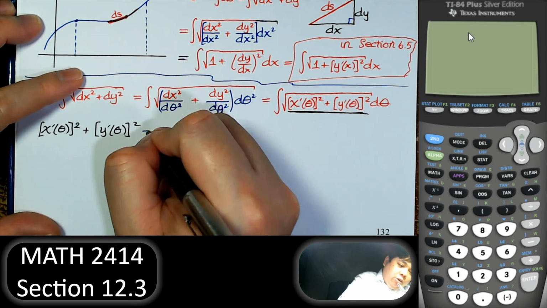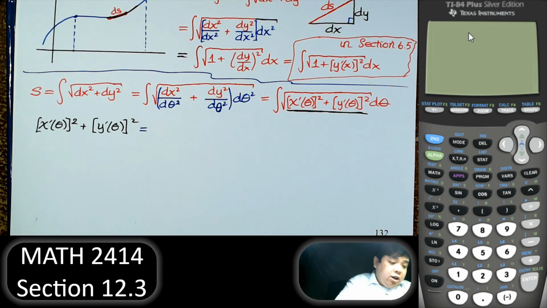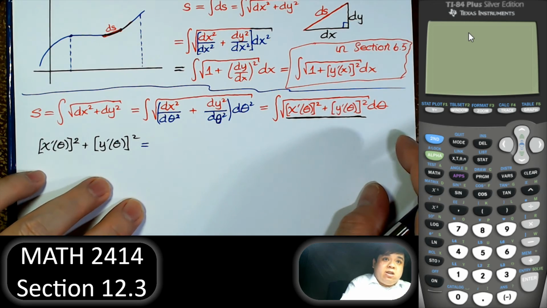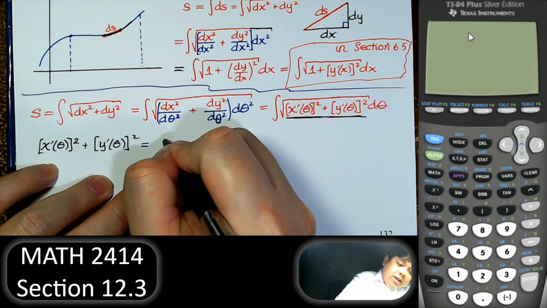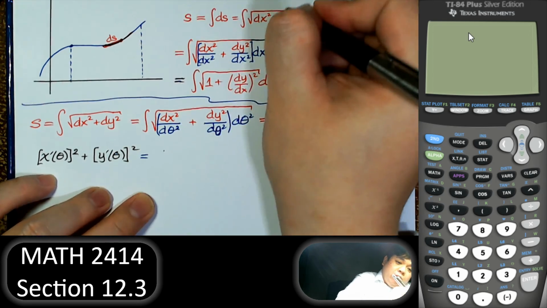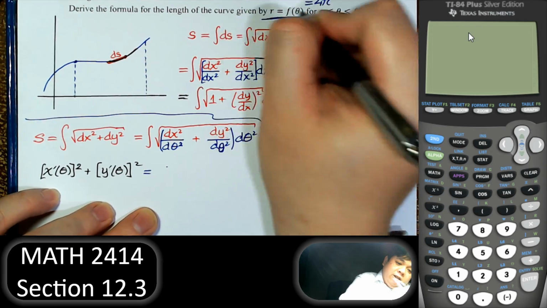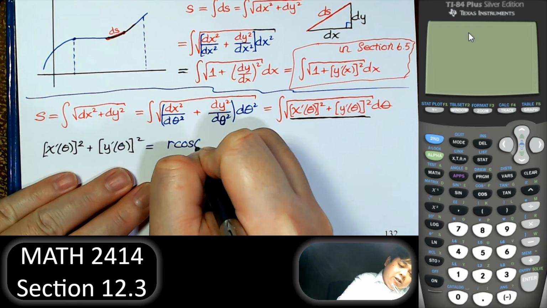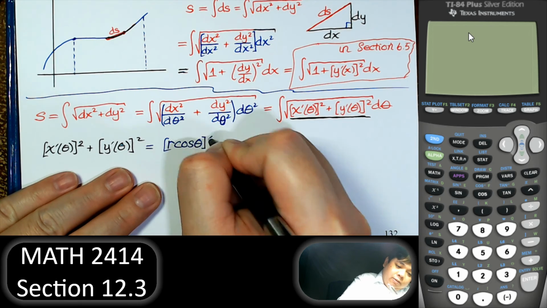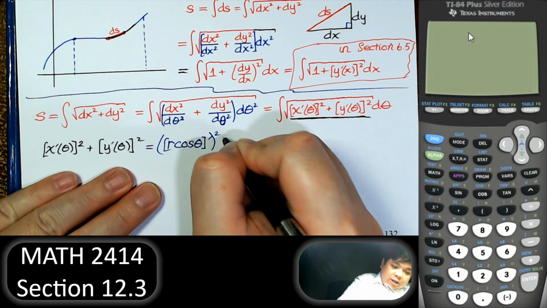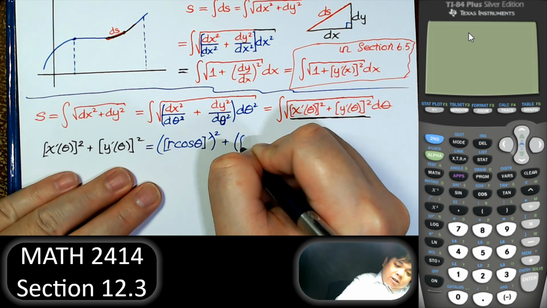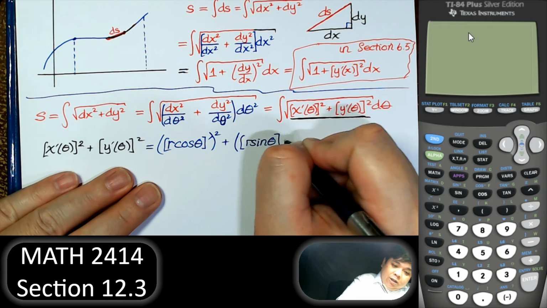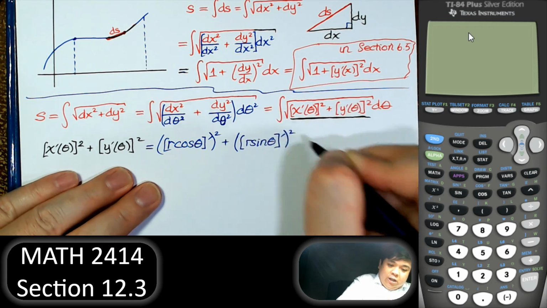Now we know the derivative, so we have the derivative square, right? So we take the derivative first and then we square the derivative. Remember, if r equal to r of theta, so x is going to be r cosine theta, derivative square, and y is r sine theta, derivative square.